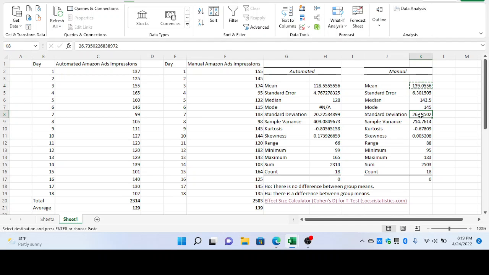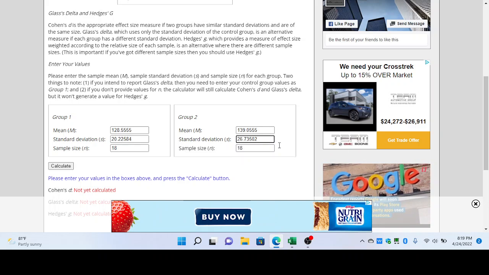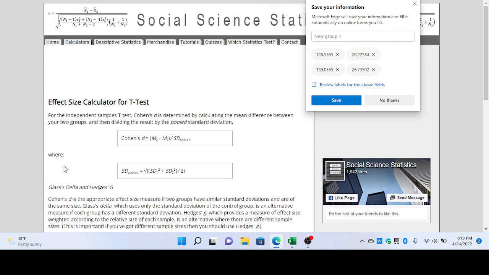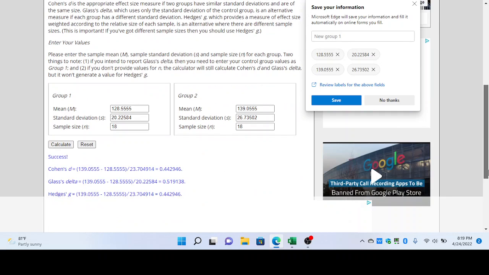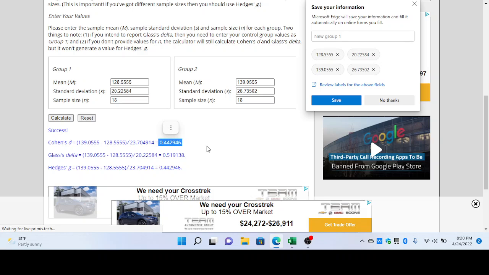Again, that's why I recommend running the descriptives as well as just the t-test. But there we go. We can calculate. And here's your Cohen's d. So we have about a moderate difference. So even though we weren't statistically different, the effect size for the second group is moderate.